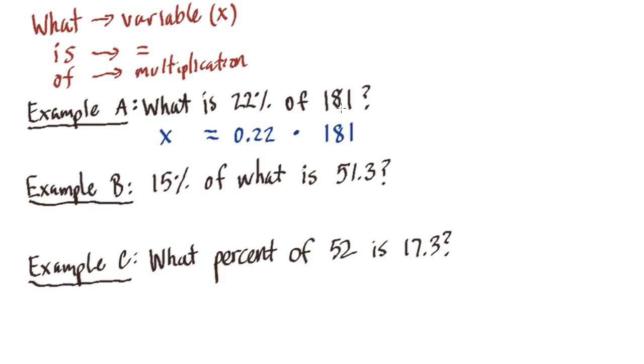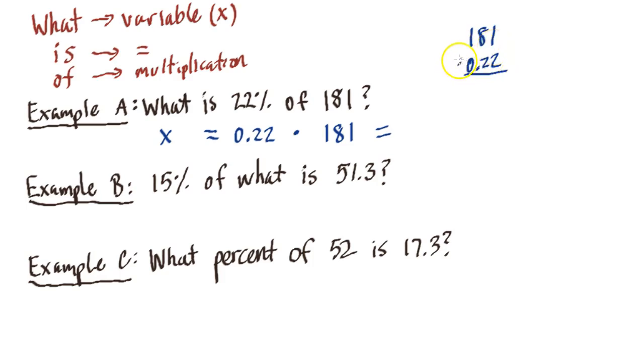So let's do that. We're solving for the "what," which is X, and so we just need to take 0.22 and multiply by 181. You can do this. We've discussed how to do this in the previous objective. I'm going to just plug this into the calculator because really this isn't what we're covering in this objective. But I would suggest doing that if you want. So you just take 181 and multiply it by 0.22, and ignore the decimals.